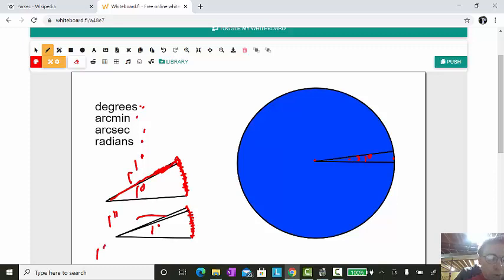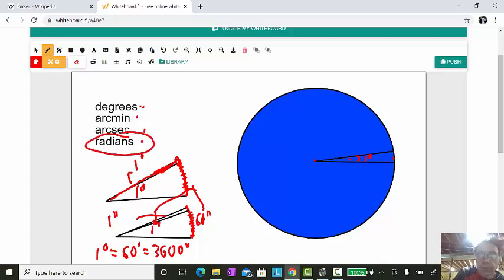So 1 degree is equal to 60 arc minutes, which is equal to 3,600 arc seconds, because there's 60 arc seconds in 1 arc minute.